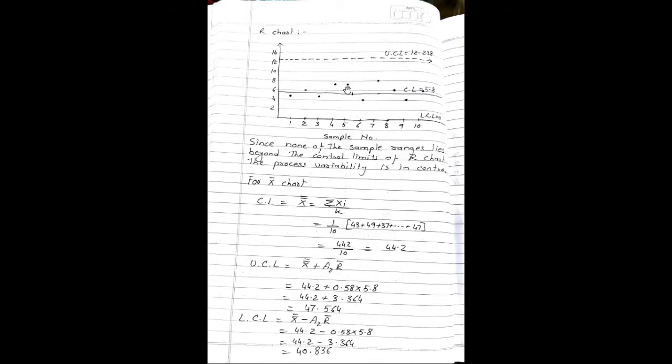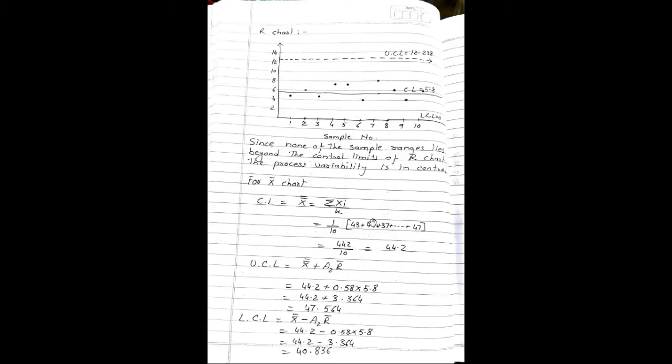Fifth sample 7, sixth sample 4, seventh sample 8, eighth sample 6. Then ninth sample 4 and tenth sample 6. So we'll plot these points.